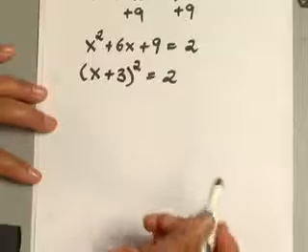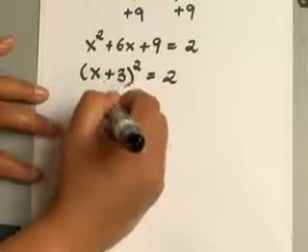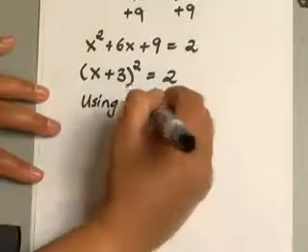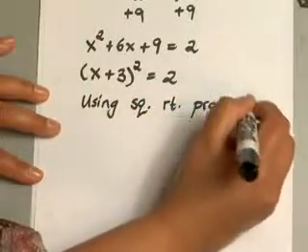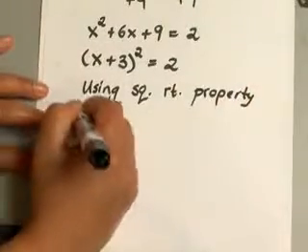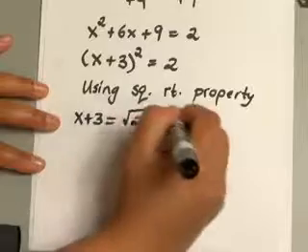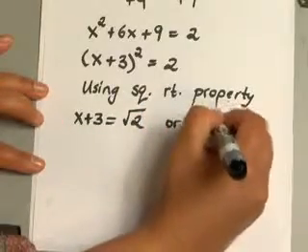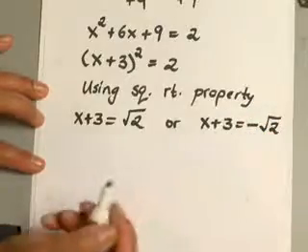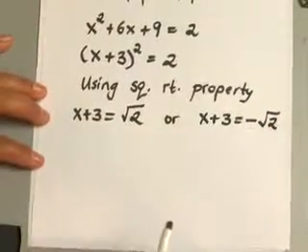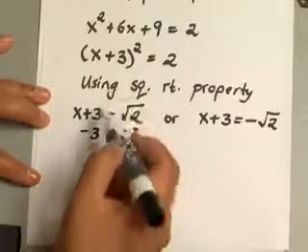Now you can see that this is the same thing that we had in section 1, where we could apply the square root property and solve these. So using the square root property, we can set this up as x plus 3 equals square root of 2, or x plus 3 equals negative square root of 2.